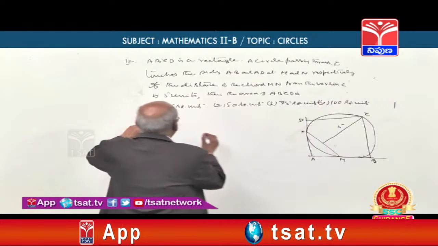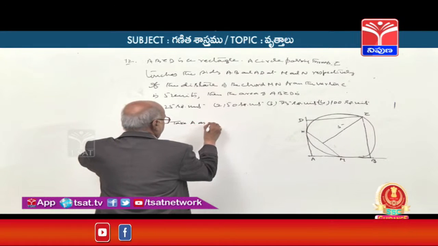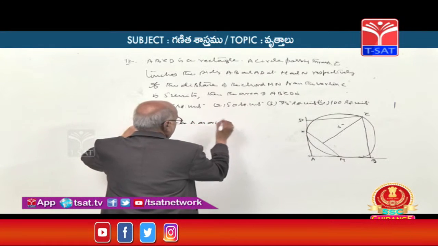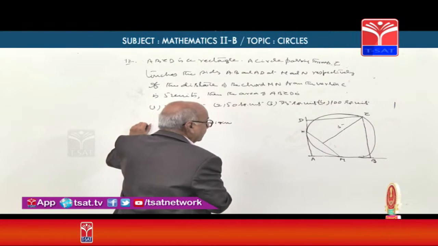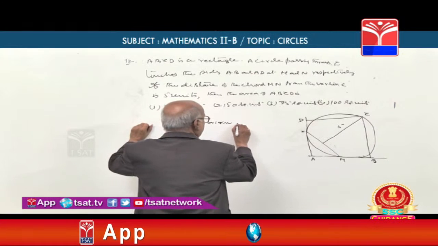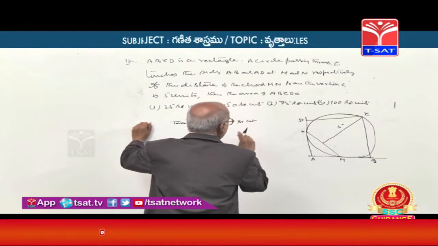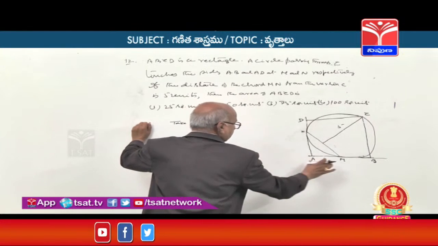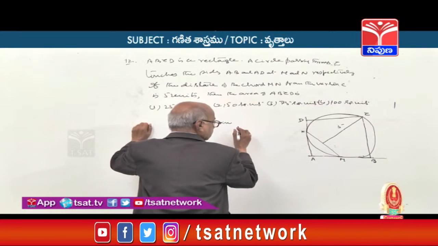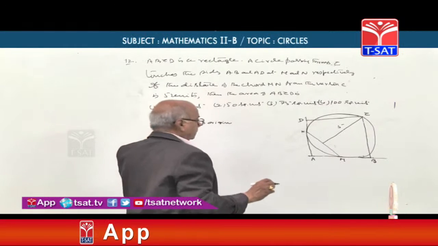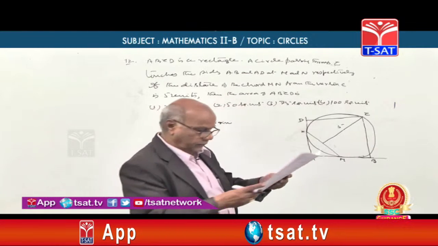Okay. Now, what you can take is, take A as origin, and AM is equal to some x1 comma 0, or I will use the same figure.